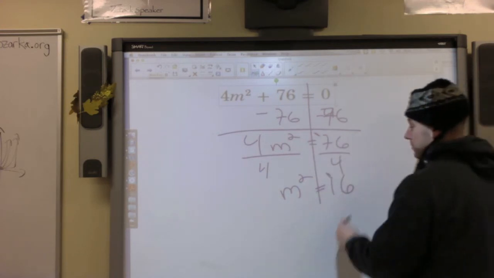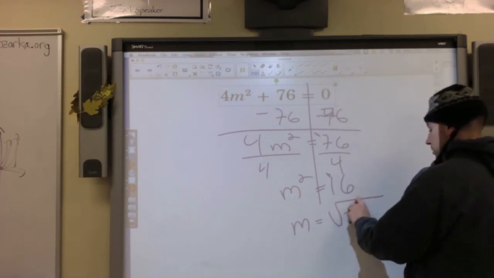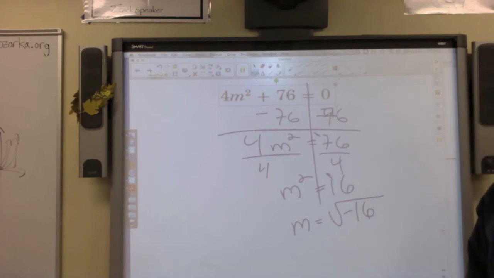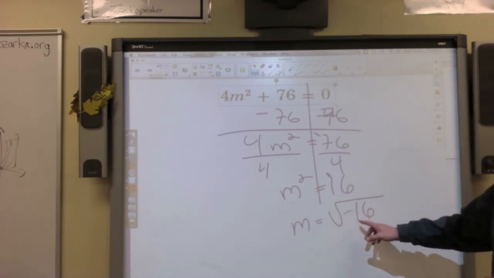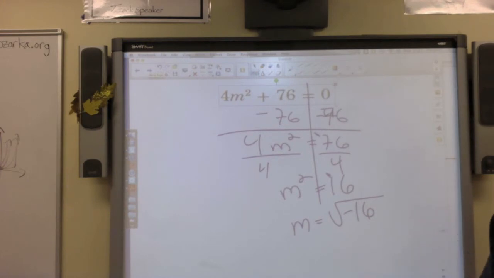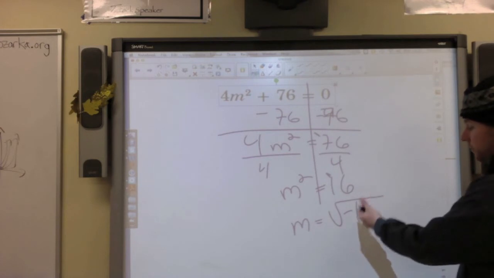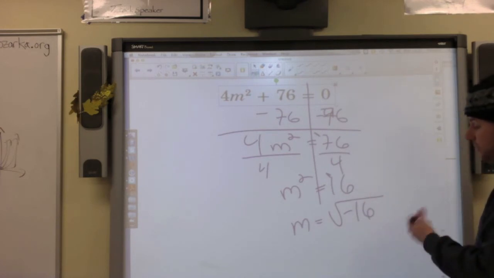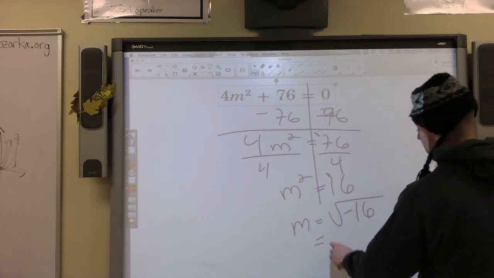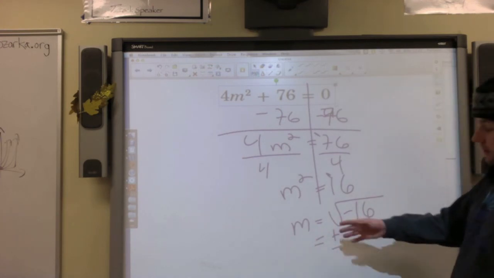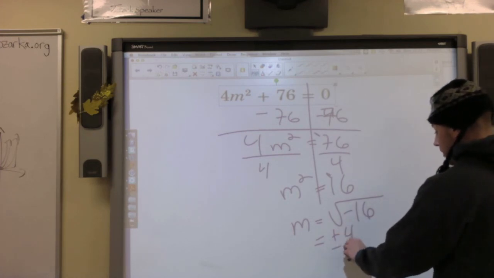So then I have m squared, so I have to take the square root of negative 16. Whenever I have a negative inside a square root, there's an i. So I know the square root of 16 is 4, and the negative in the square root means that there's going to be an i. So this is really plus or minus, because whenever I take the square root, it's plus or minus 4i.